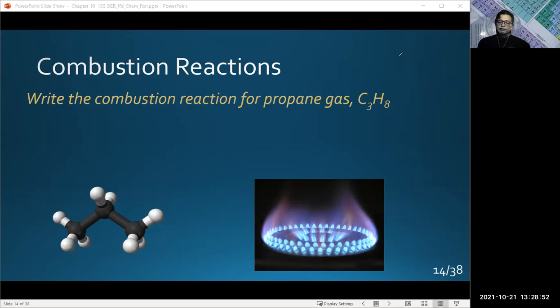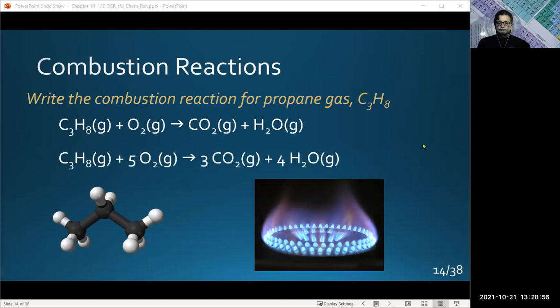Let me clear my drawings and we'll give you the balanced equation a little bit neater here, all printed out. Notice that it takes 5 molecules of oxygen to burn 1 molecule of, in this case, propane. And that creates 3 molecules of carbon dioxide and 4 molecules of water vapor.